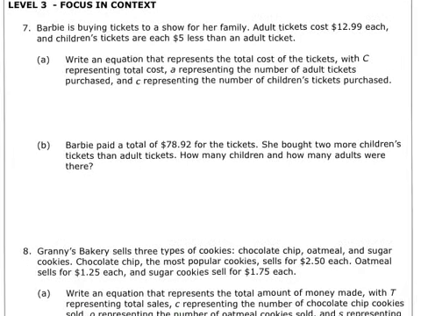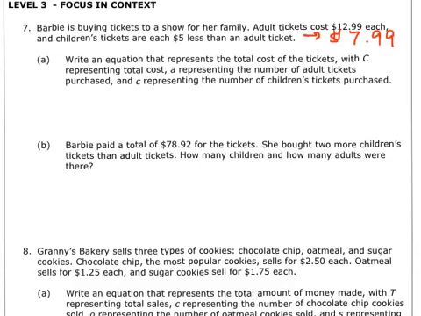Barbie is buying tickets to a show for her family. Adult tickets cost $12.99 each, and children's tickets are each $5 less than an adult ticket. So this means that children's tickets are $7.99, because that's $5 less than an adult ticket.